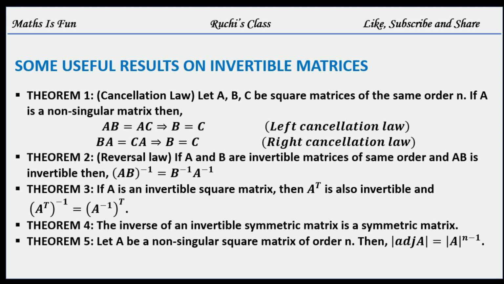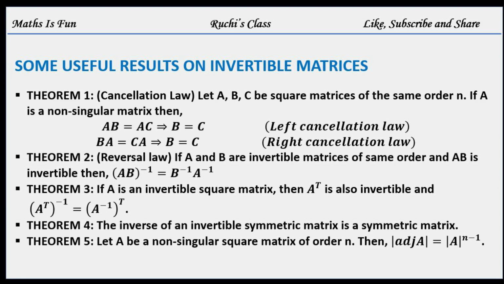Next, the inverse of an invertible symmetric matrix is also a symmetric matrix. Next, let A be a non-singular square matrix of order n, then determinant of adjoint A is equal to determinant of A to the power n minus 1.